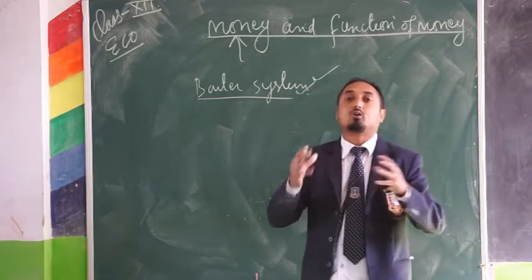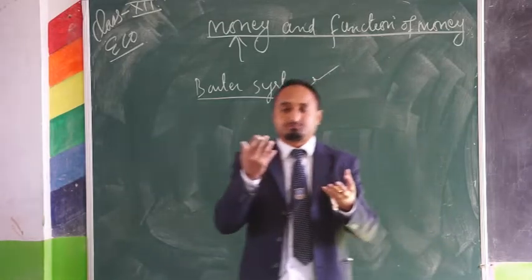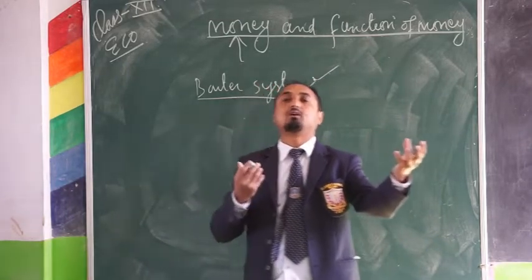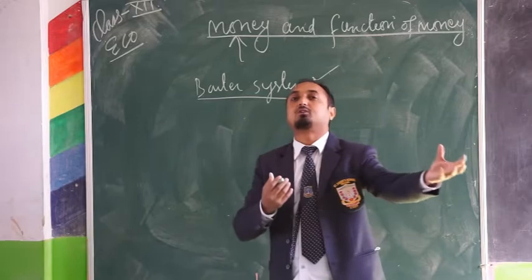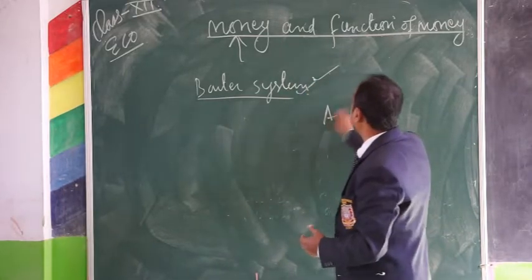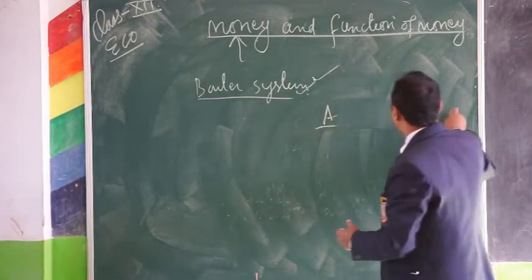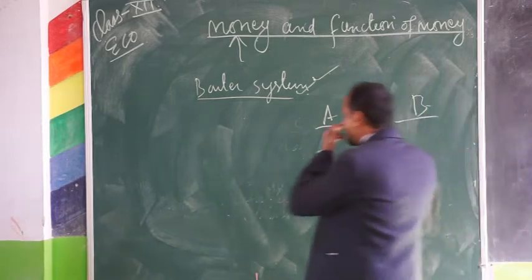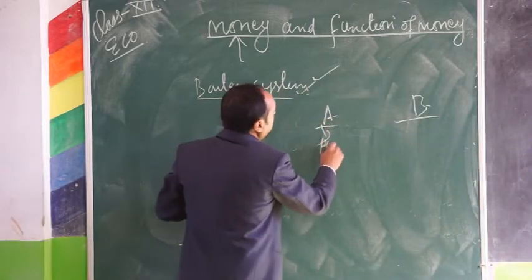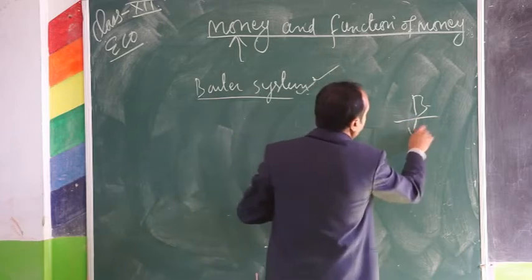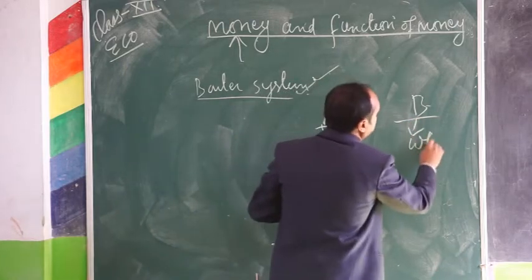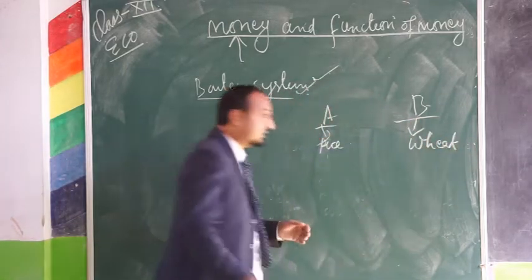Entering into a contract means if I want to exchange one commodity with another, suppose persons A and B are making a deal with each other. Suppose A is exchanging rice and B is producing wheat.